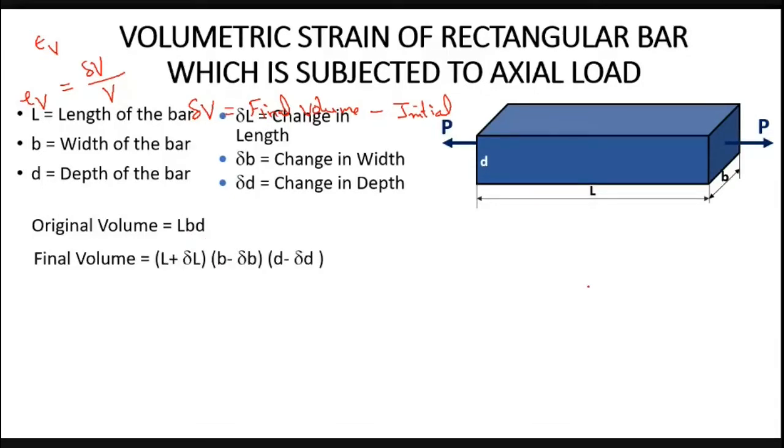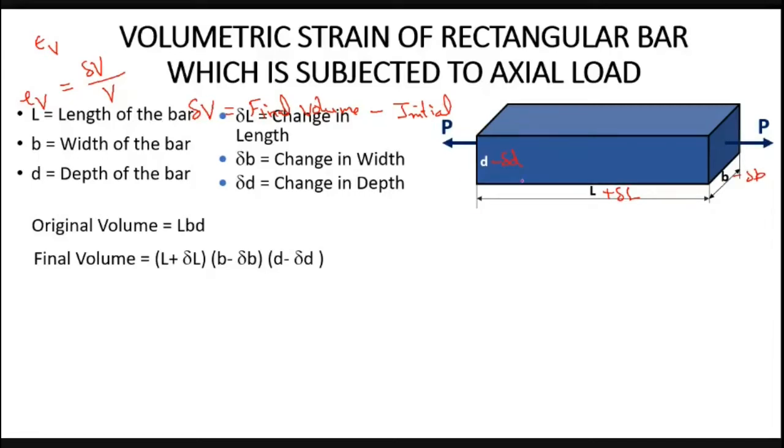What happens when you apply a force? Force is applied along the length direction, so the length will increase, plus del L. But the other two directions, your depth and breadth, are decreasing. So minus del D, this is also minus, L B.